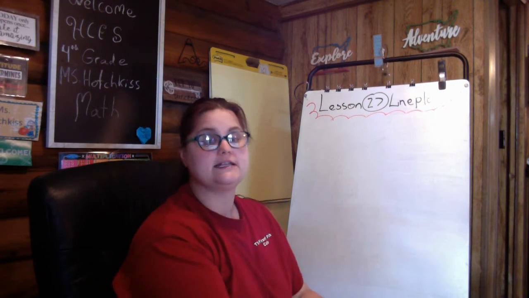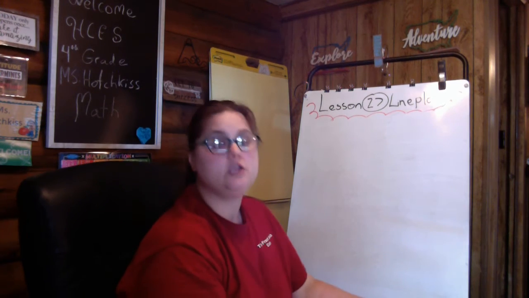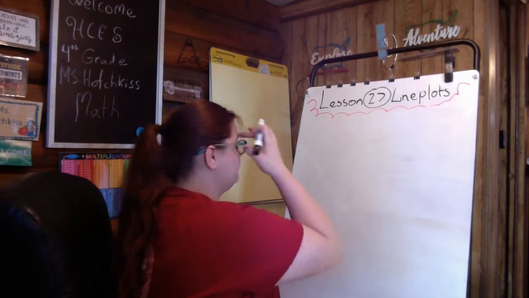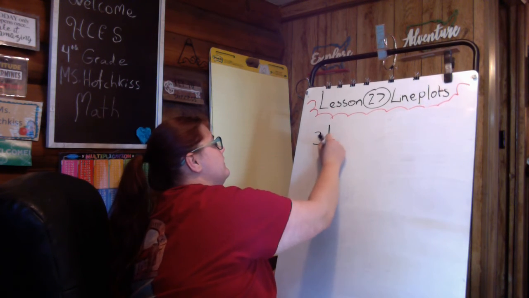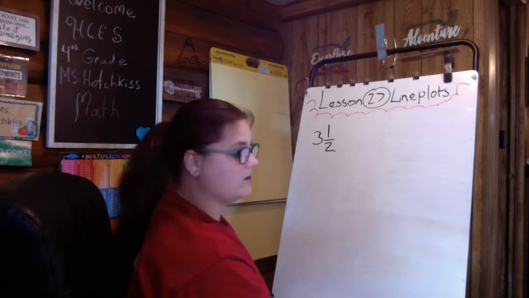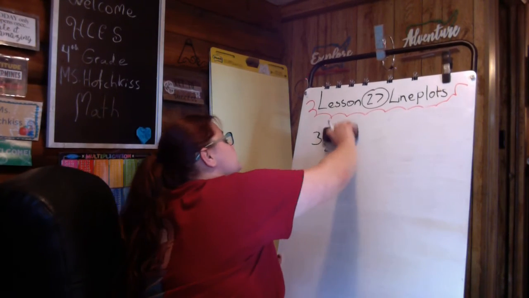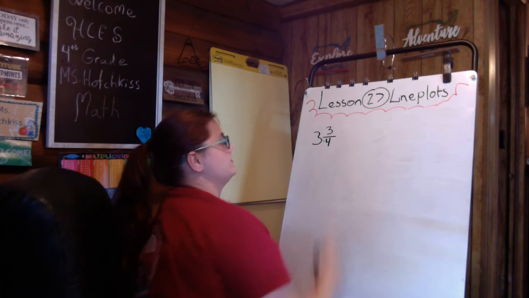In fact, let's just do a couple just to refresh your memory, so when you go into the book, you're going to have a better understanding of what to do. So if we have a mixed number, say 3 1/2, or we just did that. That's why that number was stuck in my head. Let's do 3 3/4.